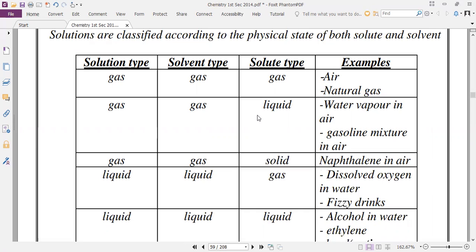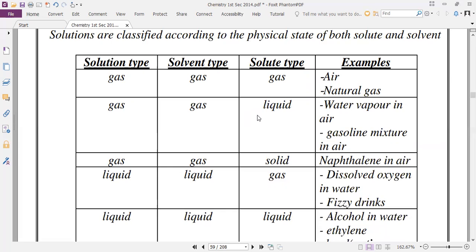Gas solution: we agree that any solution consists of solvent and solute, right? For example, solvent type gas and solute type also gas. So gas in gas, as air, as natural gas. It's called gas solution.